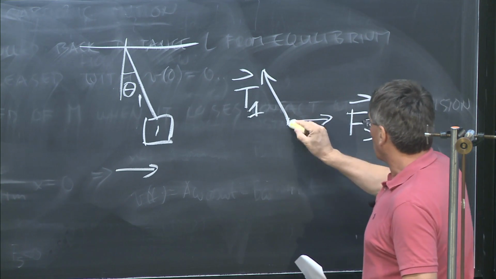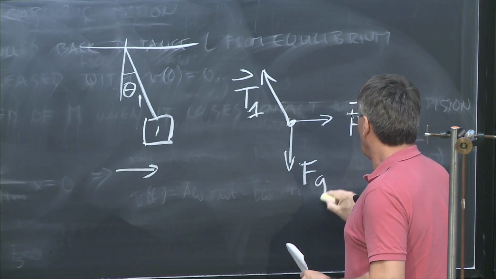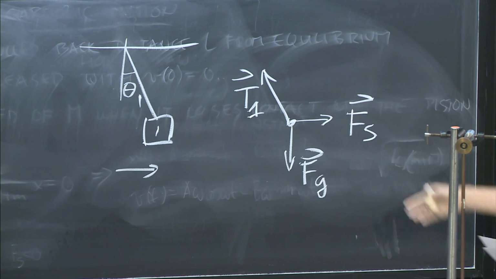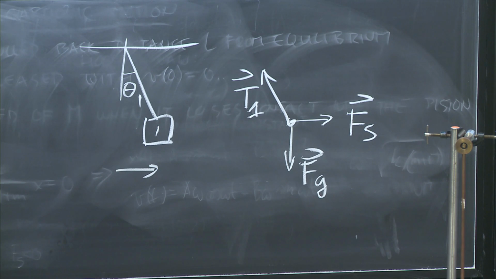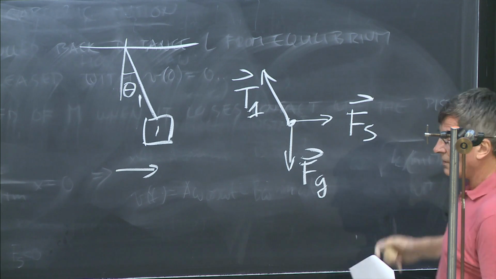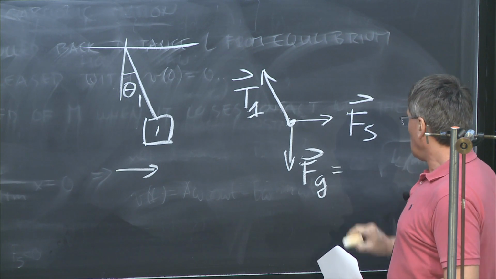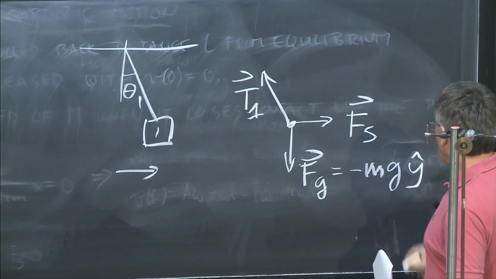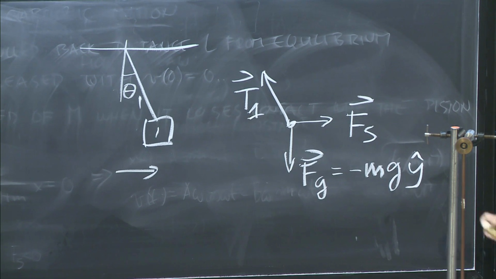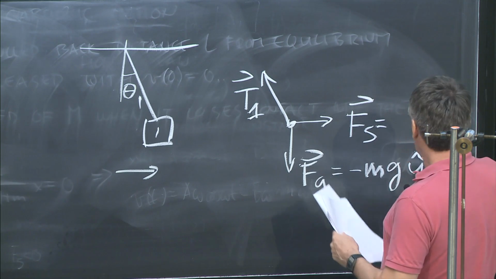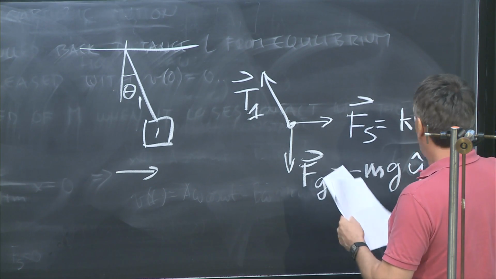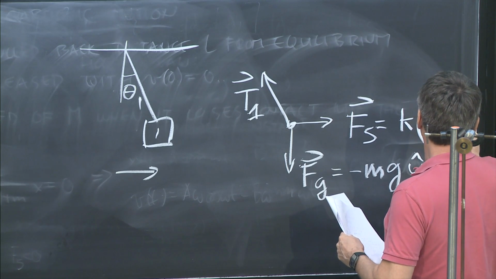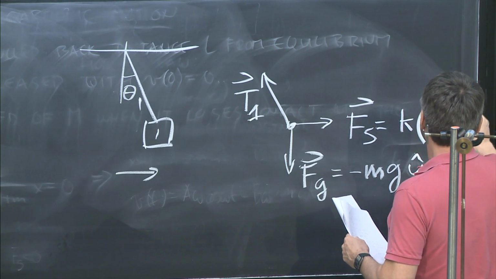And there is a force of gravity acting in the vertical direction. We can write down those forces. We know a lot about them. This one is minus mg y hat. This one is equal to k times x2 minus x1 in the x hat direction.